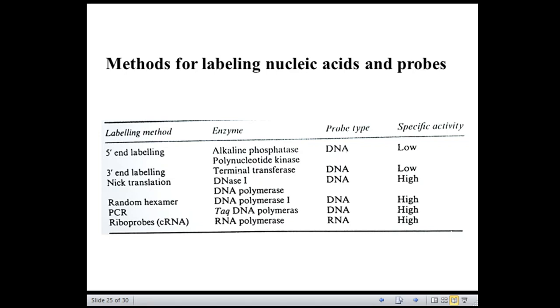Now we will try to understand how gene probes or DNA probes are labeled, that is, the different approaches for labeling nucleic acids and probes. The availability of custom oligonucleotide synthesis and PCR has contributed greatly to the rapid production of these gene probes.